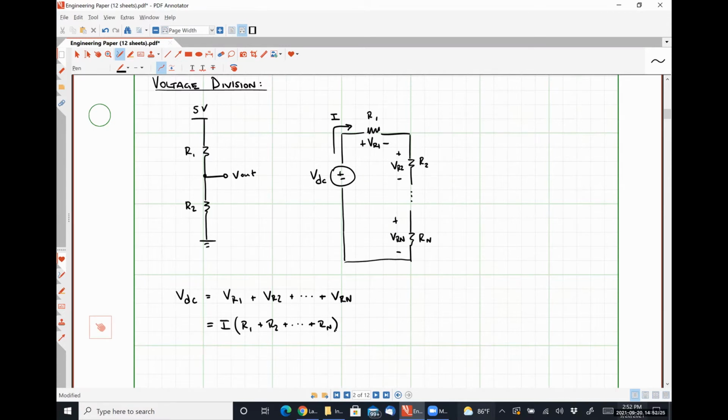The change that we are going to make here is instead of figuring out what V over I is, we're going to figure out what I is in terms of all of these other things, okay?